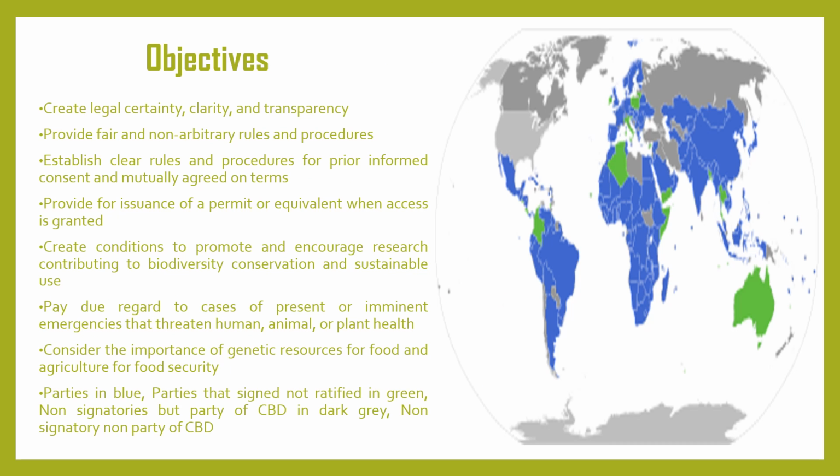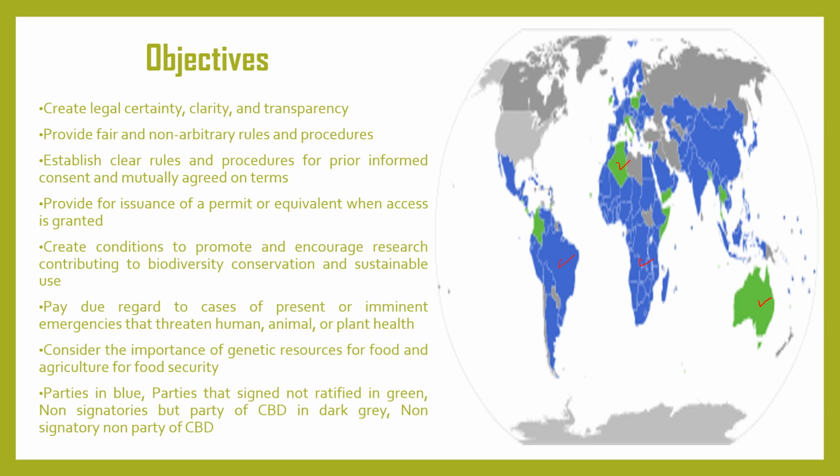Here we see the same thing that I have been talking about. All these parties in blue have actually ratified it. These green regions are the parties which have signed it but not ratified the Nagoya Protocol. And that is what I was talking about.